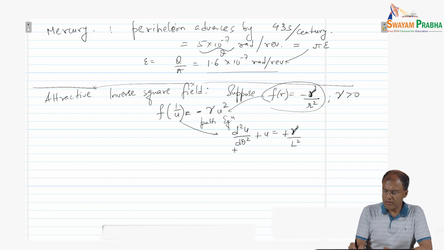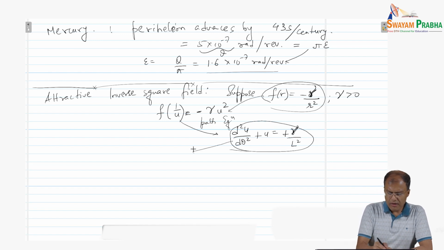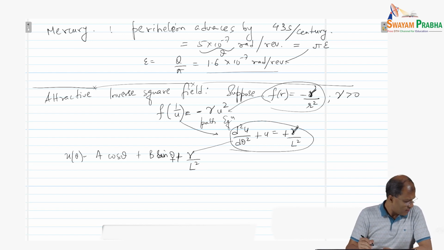And from here, look, this is a simple linear equation. This is an attractive inverse square field. Linear equation, we can quickly solve. U of theta is equal to a times cos theta plus b times sin theta plus gamma over L square, which is the particular solution for u.